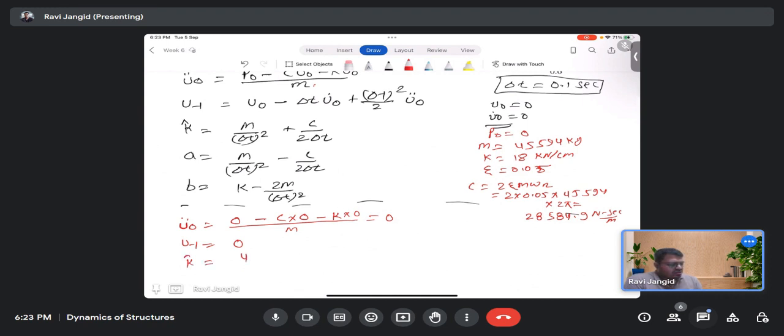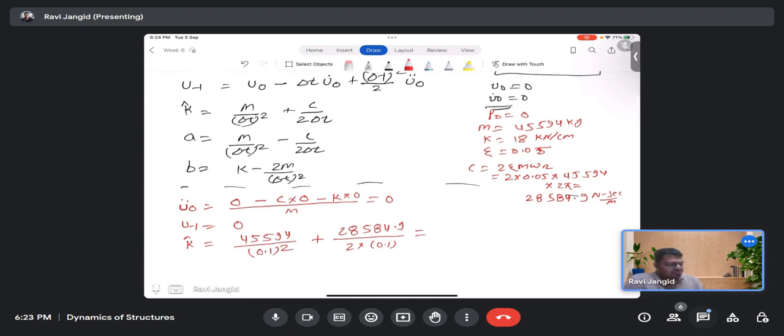M is 45594 divided by 0.1 square plus c, which is 28,584.9 over 2 into 0.1. How much are you getting for k cap?